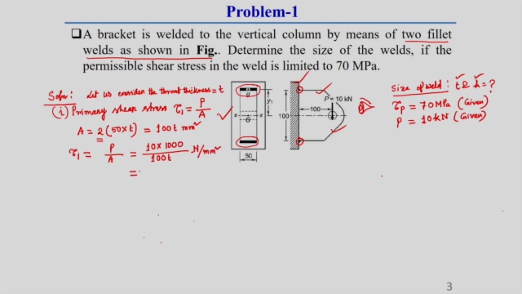We got this as 100 divided by T Newton per mm square.